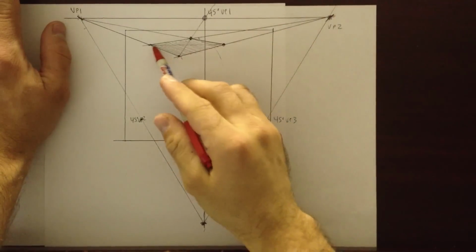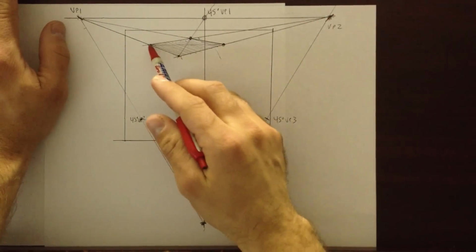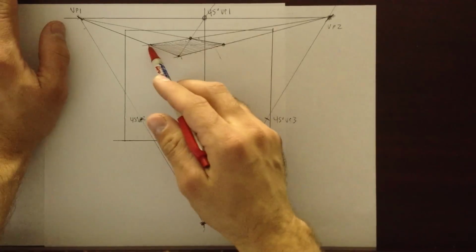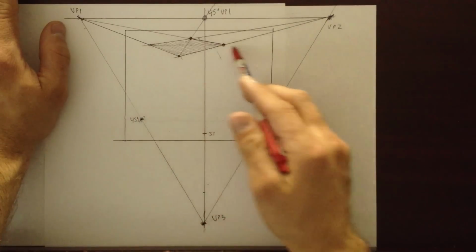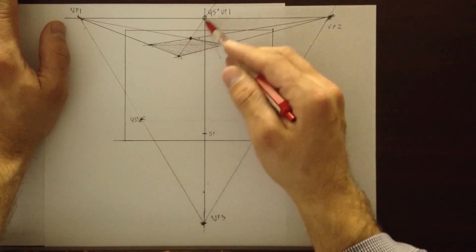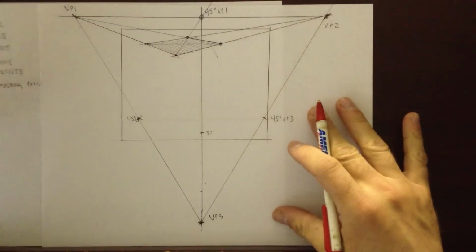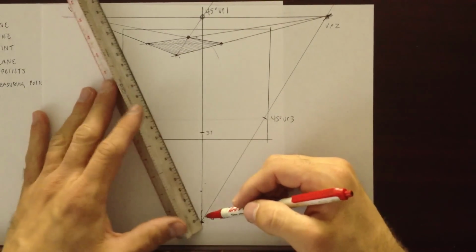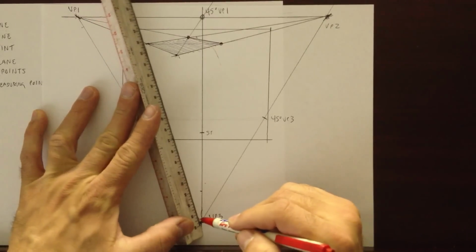Okay, in the left and right corners, because this is right at this point, it's basically a 2-point parallel perspective system. The left corner and the right corner align horizontally. The front and back corners align going to the central 45-degree vanishing point. Okay, now we got to get the vertical edges, and in 3-point perspective, all the vertical edges are going to your third vanishing point down here.